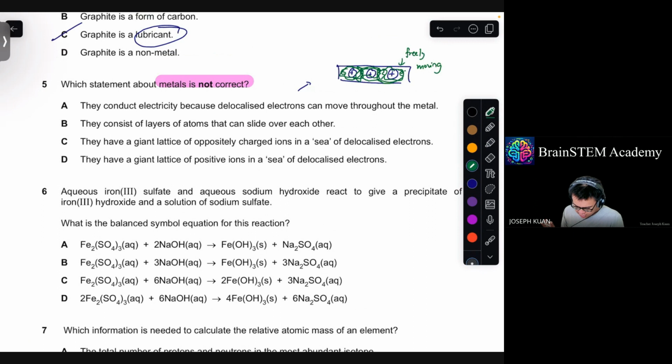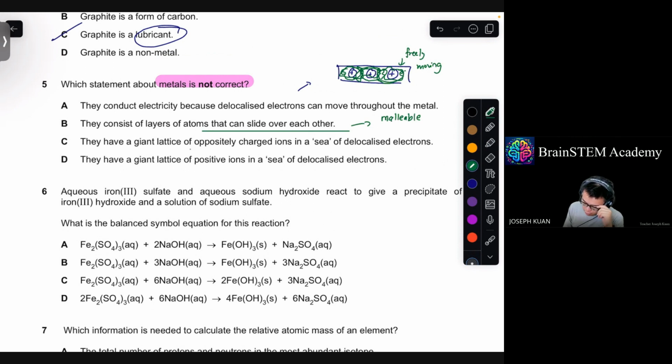B, they consist of layers of atoms that can slide over each other. That is, in fact, correct, because that's why metals are malleable. Right? C, they have a giant lattice of oppositely charged ions in a sea of delocalized electrons.